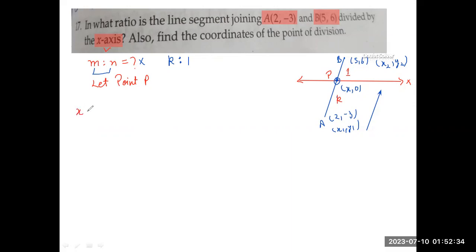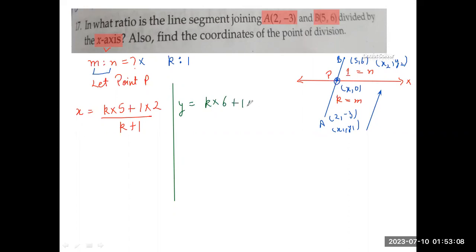According to the section formula, X will be, as we are taking K as M and 1 as N, K times X2, which is 5, plus 1 times X1, which is 2, over K plus 1. Furthermore, Y will be K times Y2, which is 6, plus 1 times -3 over K plus 1.